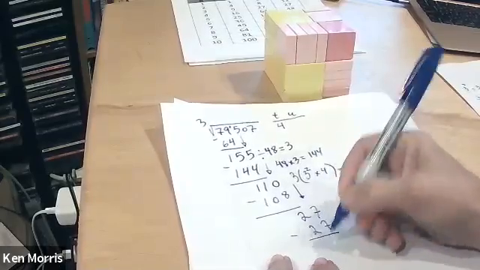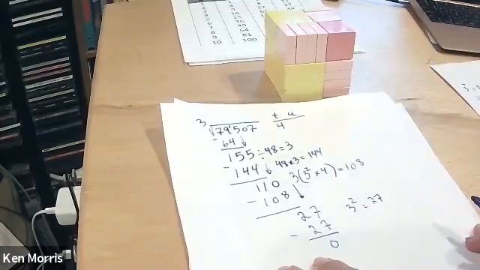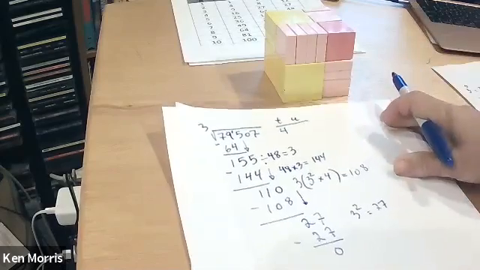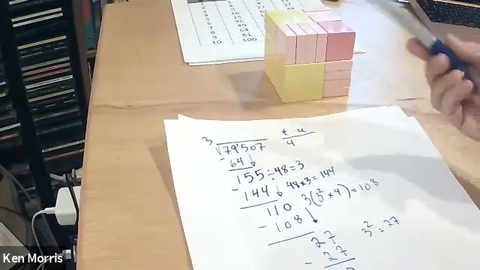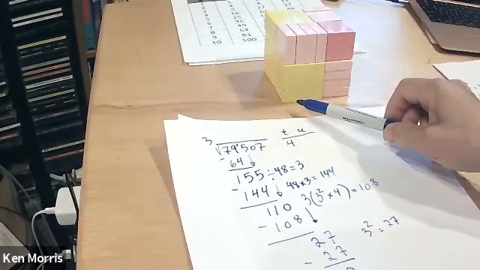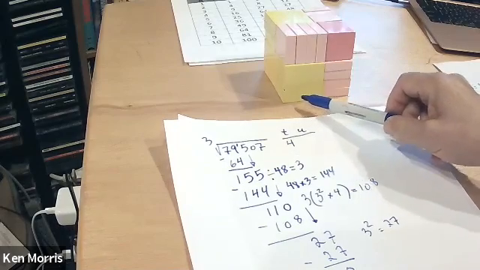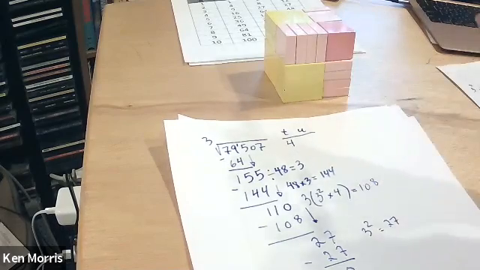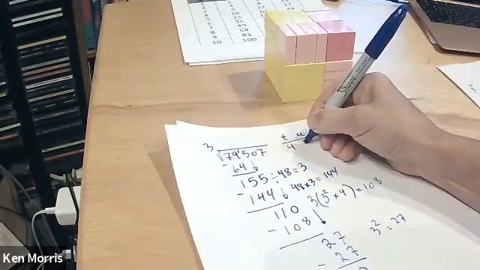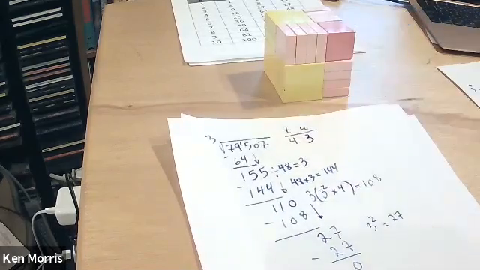So it looks like I have no remainder. And now I can read my cube root off my model, and I can see that it's 43. And there is my cube root of 79,507.